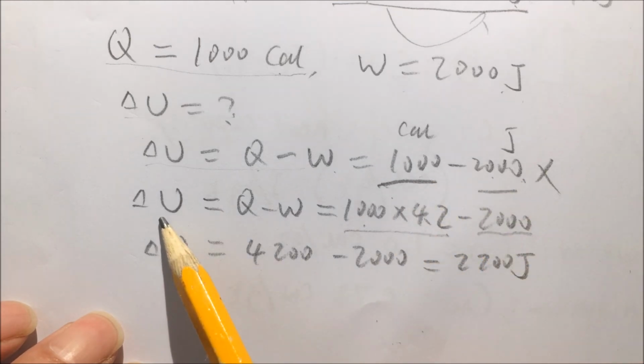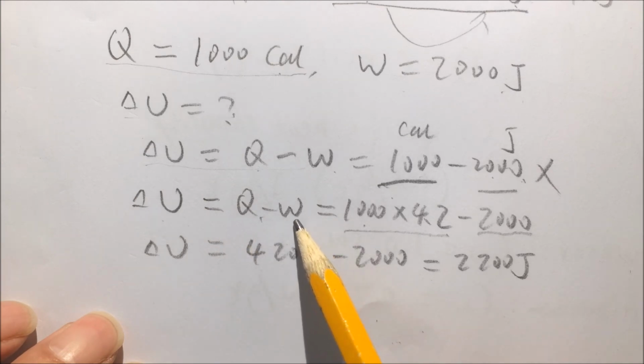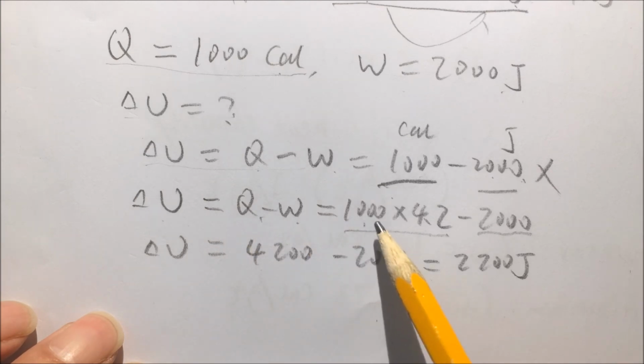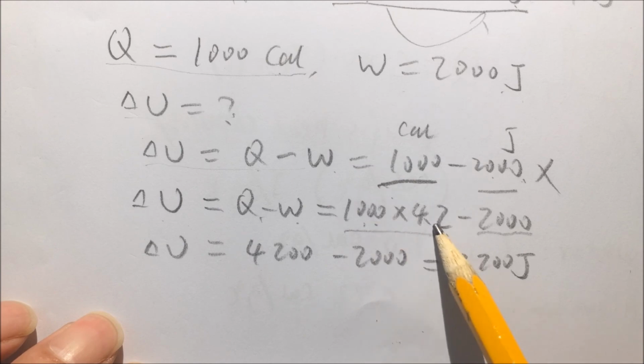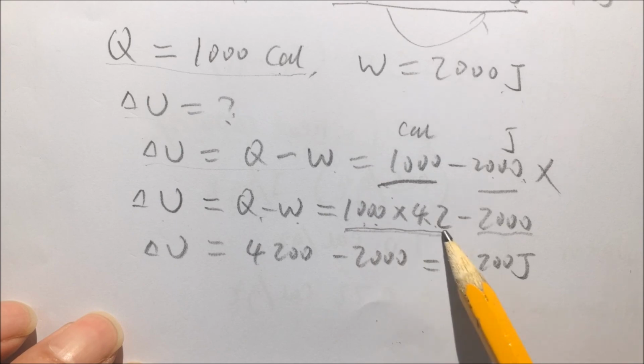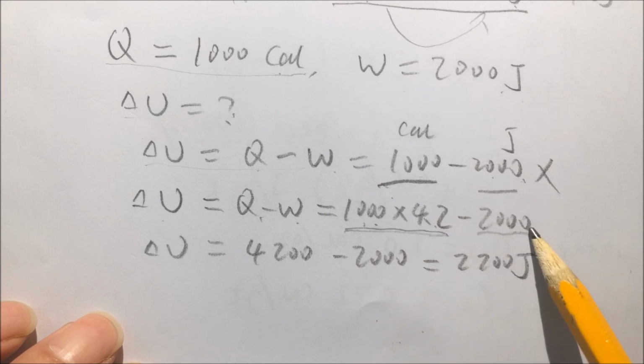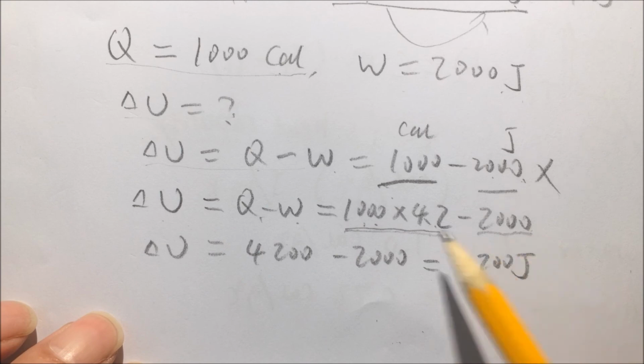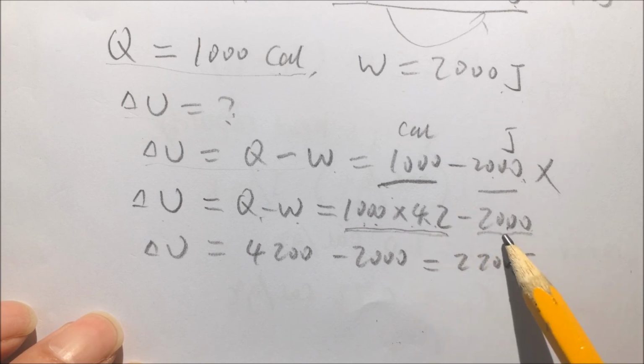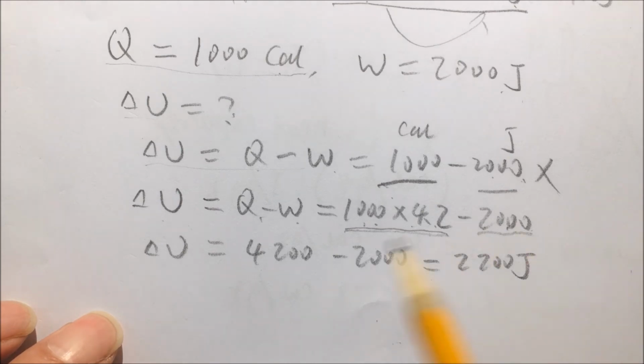The internal energy change equals the heat minus the work done by the gas, equal to 1,000 calorie times 4.2 joule per calorie, then you convert that into joule, minus 2,000 joule. Then all units are joules. You are able to do the calculation. So you got 4,200 joule for the heat minus 2,000 joule work. You got 2,200 joule for the internal energy change. So you should pay attention to that unit conversion.